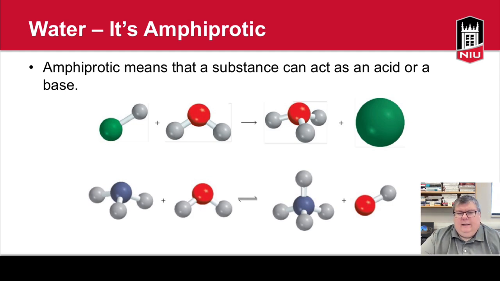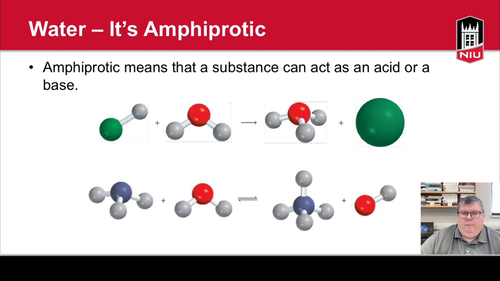Now, water, as I said, can act as an acid or a base. It is amphiprotic. We can see, again, HCl plus H2O goes to H3O+ plus the Cl- ion. That's water acting as a base. And then we've got NH3 plus H2O forming NH4+ and OH-. This is water acting as the Bronsted-Lowry acid.